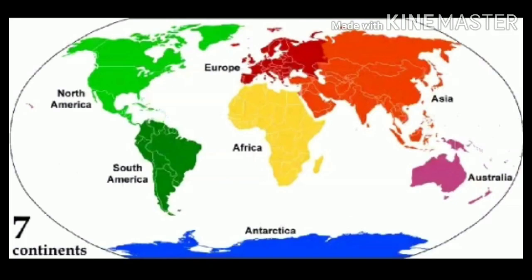Let's come to the size of our India. Okay, we have 7 continents on our earth, that is Asia, Africa, Europe, North America, South America, Australia or Oceania, then Antarctica.